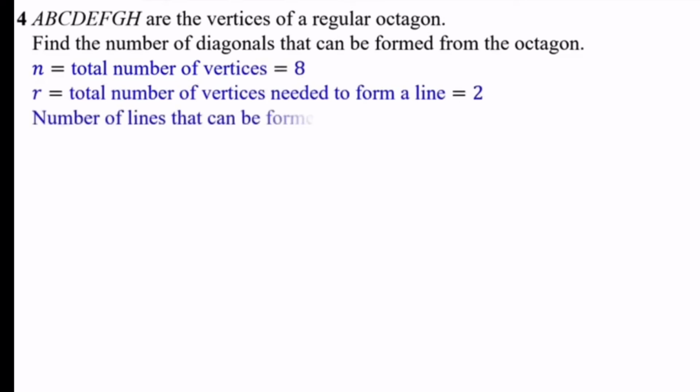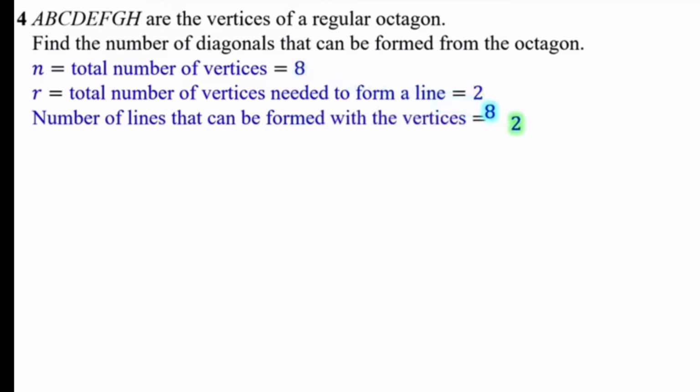Okay, hence the number of lines that can be formed with the vertices is, out of the 8 vertices, we just need to choose 2 vertices to form the diagonals. So how many ways? In fact, we have 8C2, right? We have 8C2.